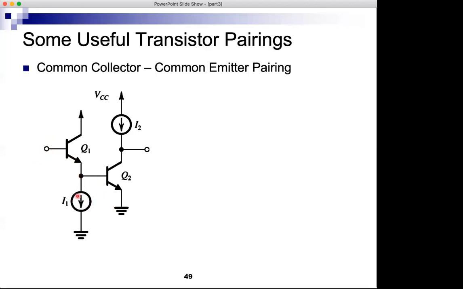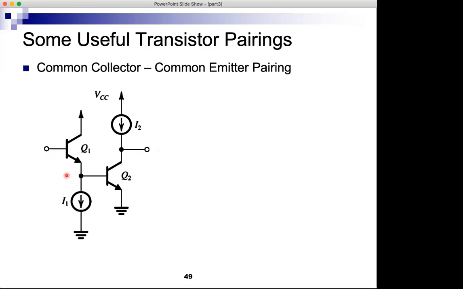I have this, which becomes open circuit in small signal, and so I have R pi 1 plus beta plus 1 times R pi 2. Okay, now that's an improvement, because if I only had common emitter, it would be R pi 2. Now it's much bigger. It's beta plus 2 times bigger. So that's a big improvement in input resistance. Output resistance is the same. Output resistance is small ro2. So gain is not better. Output resistance is the same. Input resistance is much better.